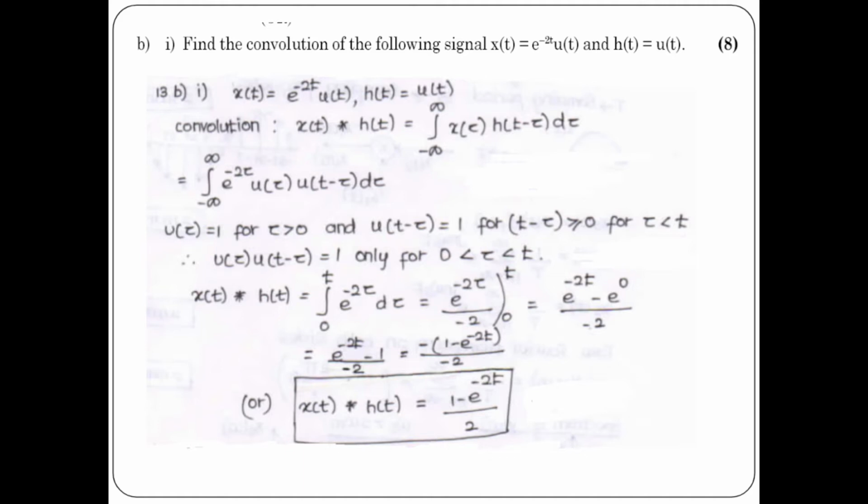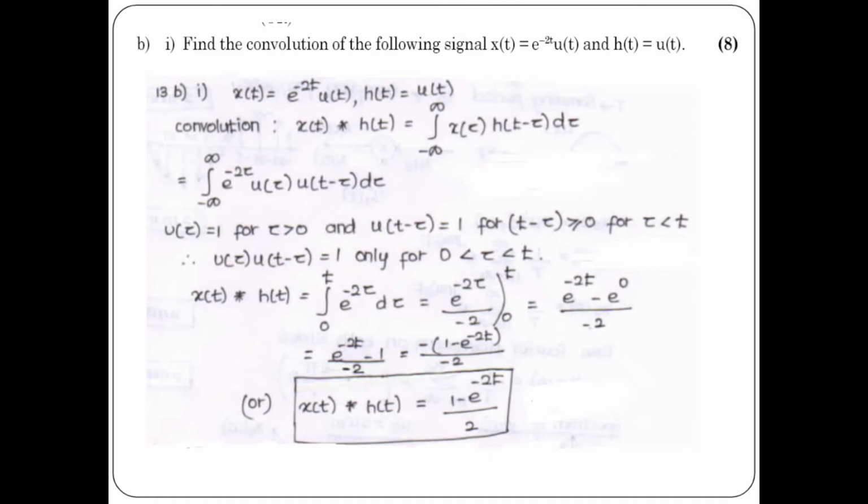Since this is a CT signal, we have to write the convolution formula as x(t) star h(t) is equal to integral from minus infinity to plus infinity x(tau) h(t minus tau) d tau. x(t) is given, so we have to write x(tau). h(t) is given, so we have to write h(t minus tau). So t will become tau, and t minus tau will become u(t minus tau).